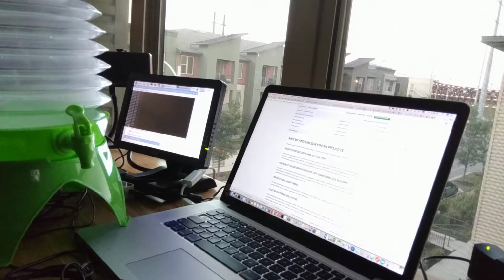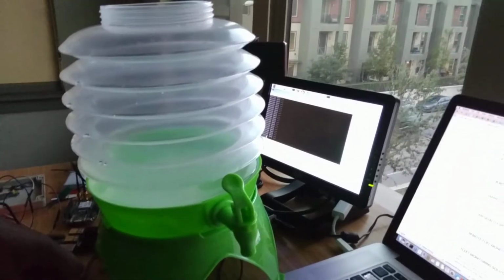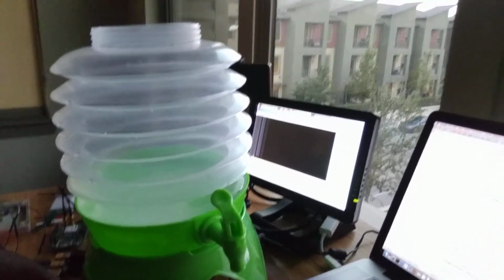We want to monitor the level of the fuel tank, and I'm using the ultrasonic sensor to measure the height of the diesel tank fuel level, and then pushing that data from the sensor to the AWS cloud through the Raspberry Pi gateway.